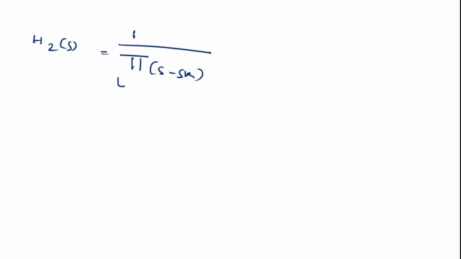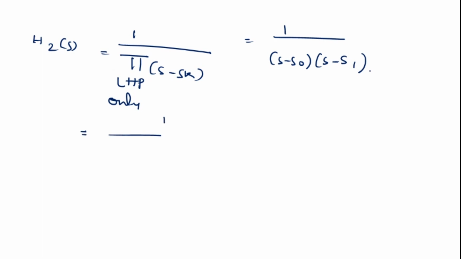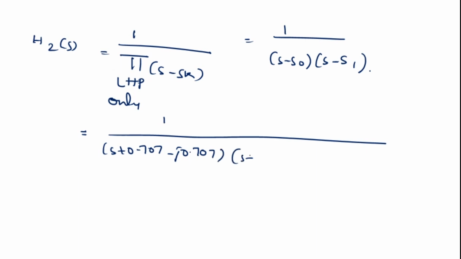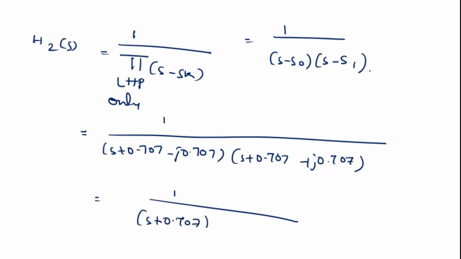This is for the left hand side poles only, which is equal to 1 divided by (S minus S0) into (S minus S1), which is equal to 1 divided by (S plus 0.707 minus j0.707) into (S plus 0.707 plus j0.707), which is equal to 1 divided by (S plus 0.707) whole square plus 0.707 whole square.